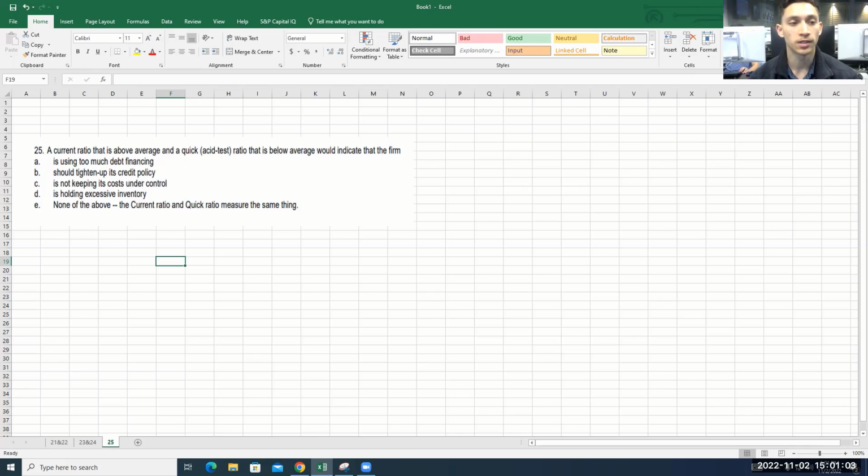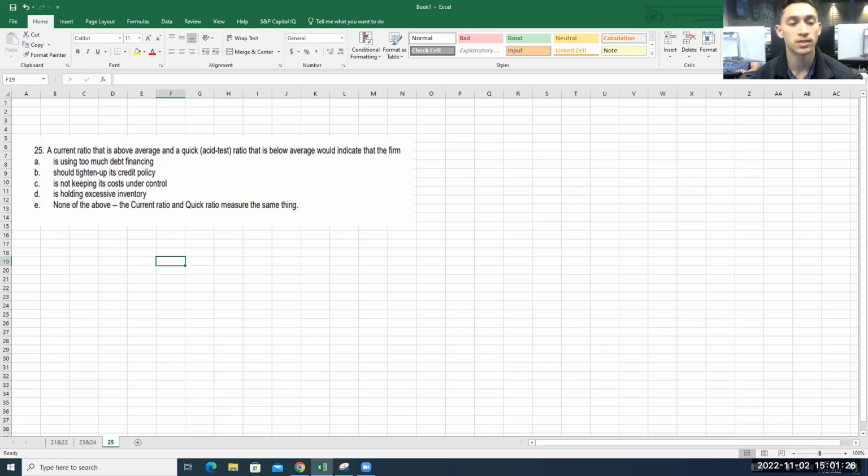We can go ahead and just mark E off, right? Because the current ratio and quick ratio don't really measure the same thing. The current ratio takes into account inventory whenever it's counting its assets. The quick ratio does not take into account inventory whenever it's measuring its current assets.